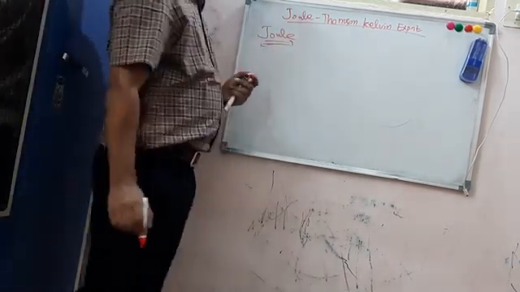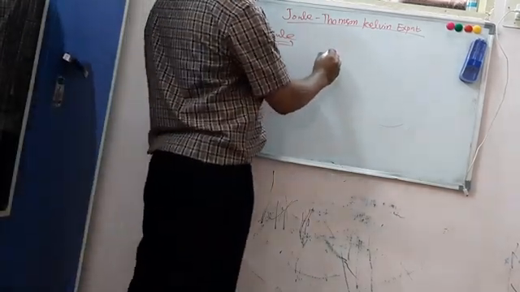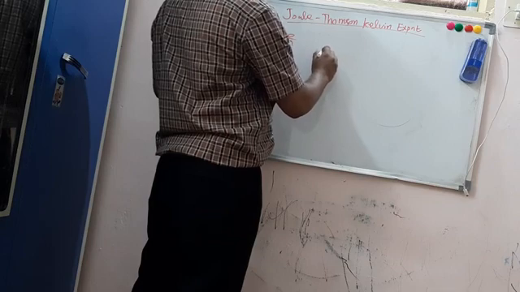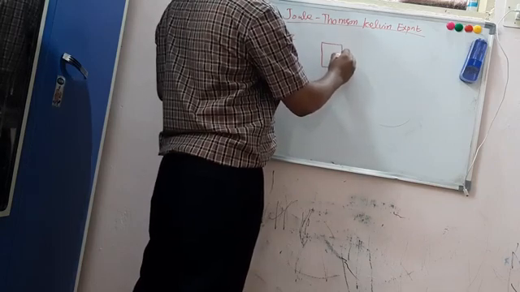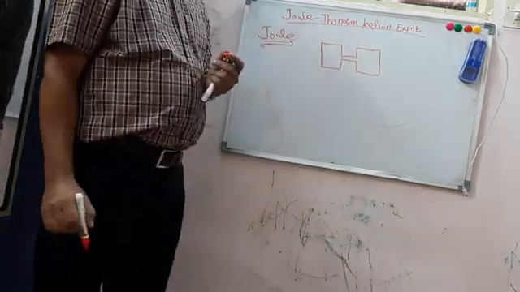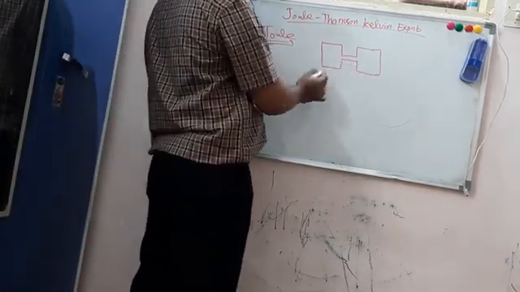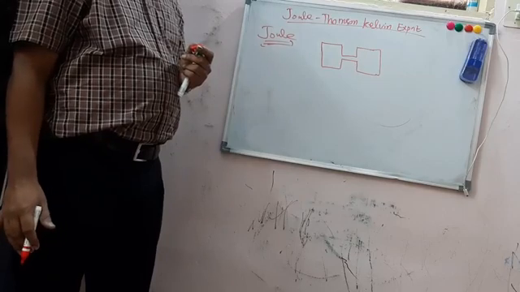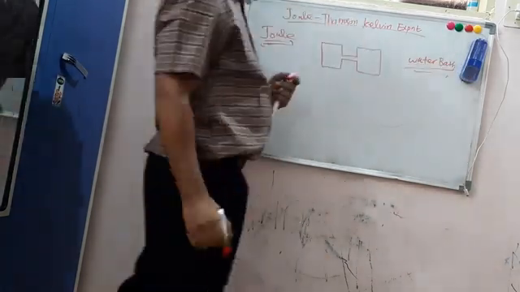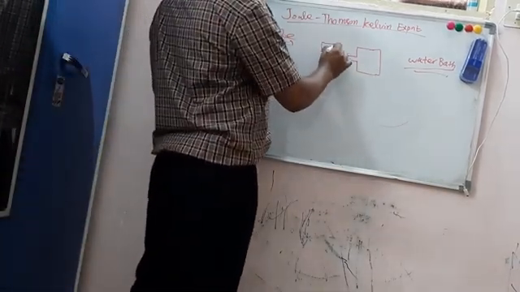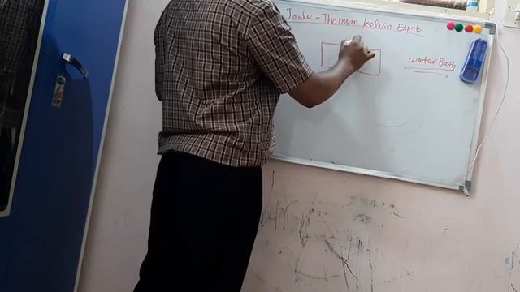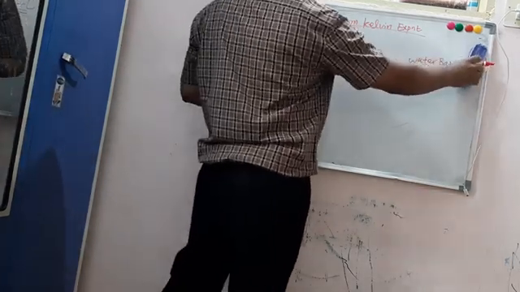Initially, Joule started his experiment by using two reservoirs. Imagine that this setup is placed in a water bath. Reservoirs 1 and 2 are separated by means of a tap or a valve.